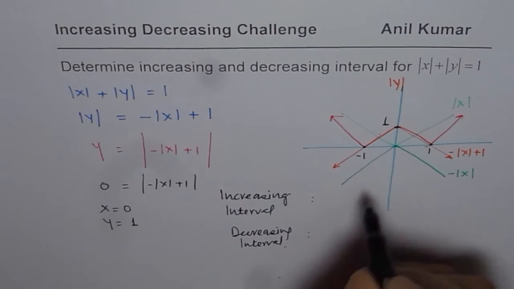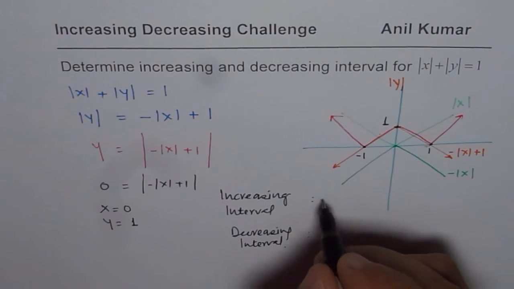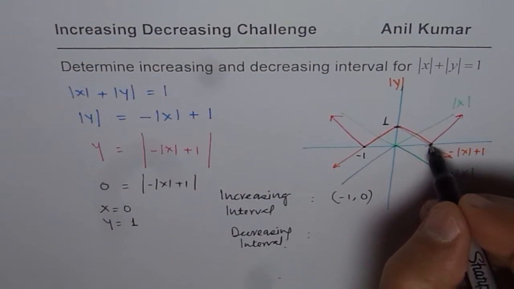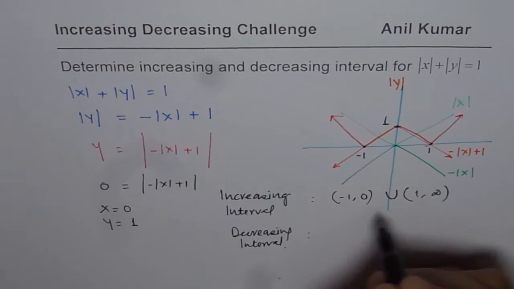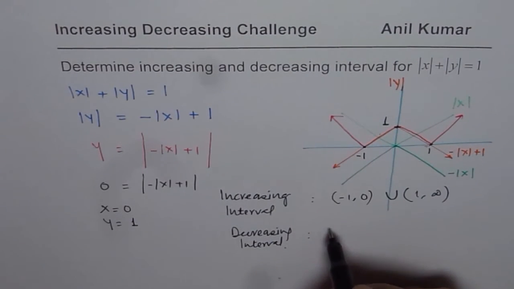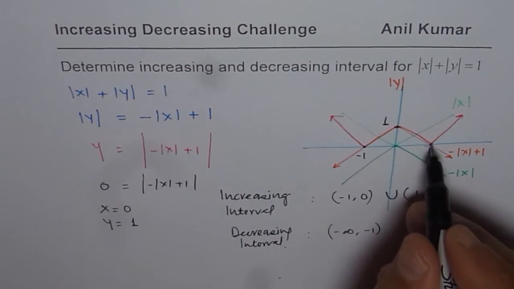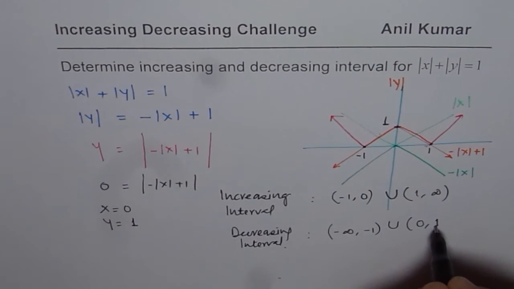The intervals where the function increases is actually this one, from -1 to 0, okay? And then after 1, union from 1 to infinity. For decreasing, it decreases first from minus infinity to -1, and then from 0 to 1, right? Union from 0 to 1, right?